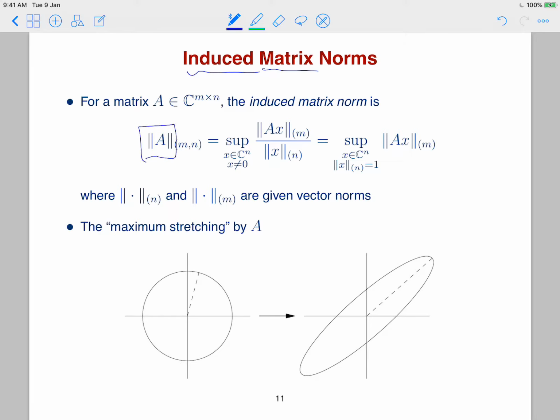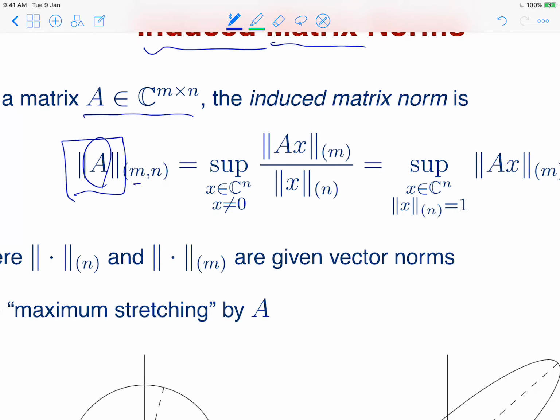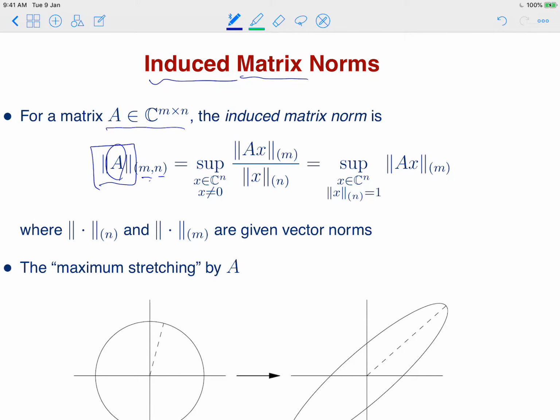Of course we are given the matrix A, which is a rectangular matrix, and we take two additional numbers in the place of the P value in the LP norm, M and N.